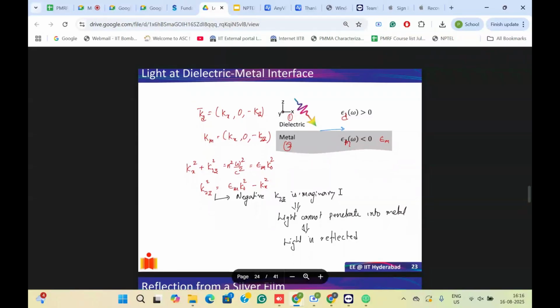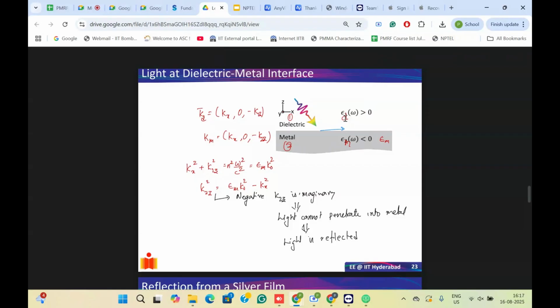So this is the light at the metal-dielectric interface. Here the metal permittivity is less than zero, and epsilon D, the dielectric permittivity, is greater than zero. From this we can see kx. This is a dispersion relation.